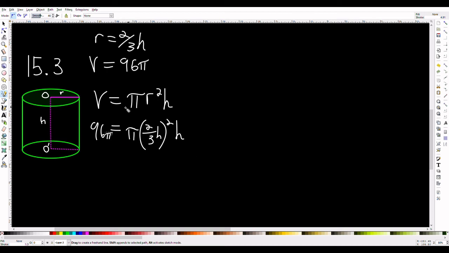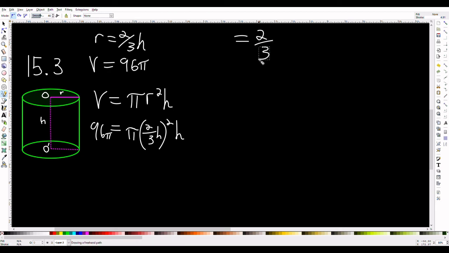Now we can reduce this problem down and figure out what h is. And you might be intimidated by it because we have a 2/3 h that's squared, and I know that's intimidating for many algebra students. And we are going to have to be doing some work with fractions and exponents. So we'll break this problem down.